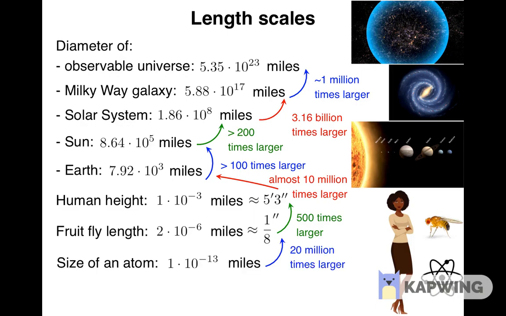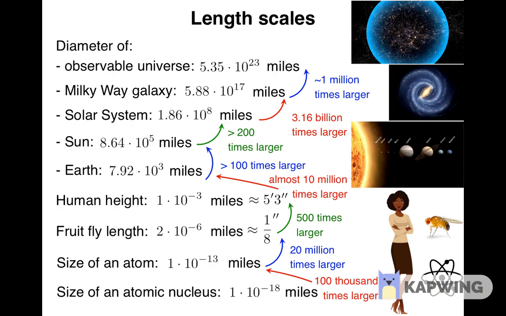Atoms are about 20 million times smaller than fruit flies, with sizes on the order of 10 to the minus 13th power miles, and atomic nuclei are still 100,000 times smaller, with sizes on the order of 10 to the power minus 18th miles.